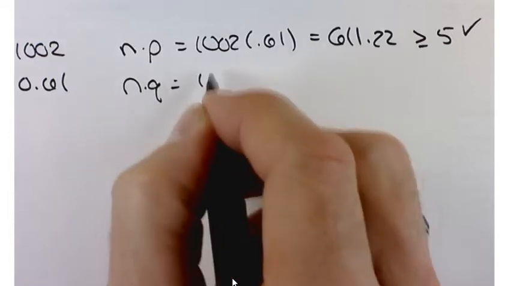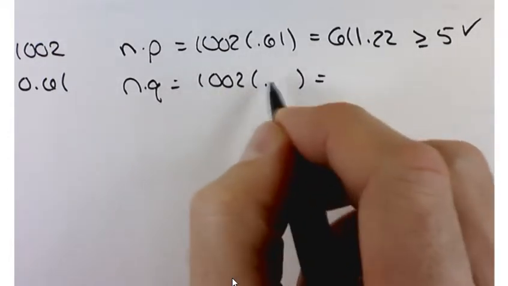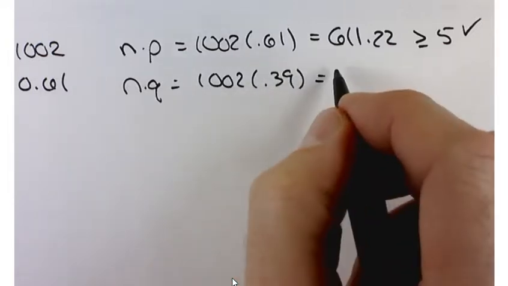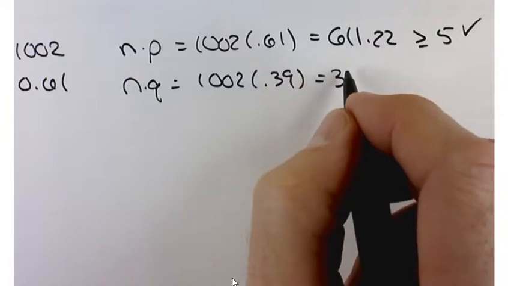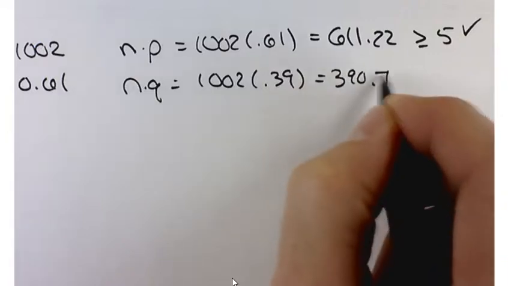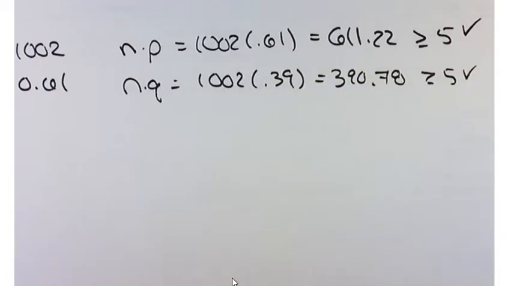Lauren, what's q going to equal for us? Thank you. 0.39 times 1,002 is 390.78. And again, that's greater than or equal to 5. So we're in good shape. We can make a normal approximation to this binomial probability.